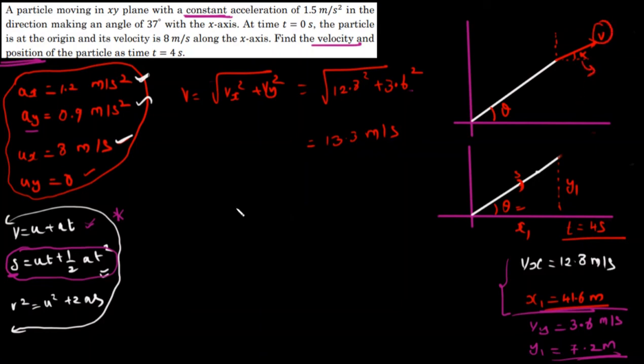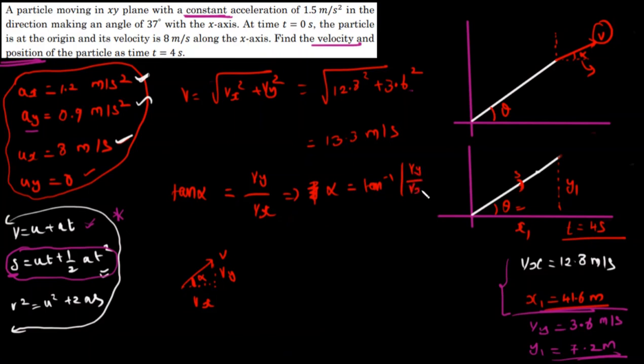Now finally alpha. Tan alpha is equal to, how can I find? See, this is velocity V, this is Vy, this is Vx, and this angle is alpha. So tan alpha is opposite by adjacent, which implies alpha is equal to tan inverse of Vy by Vx.